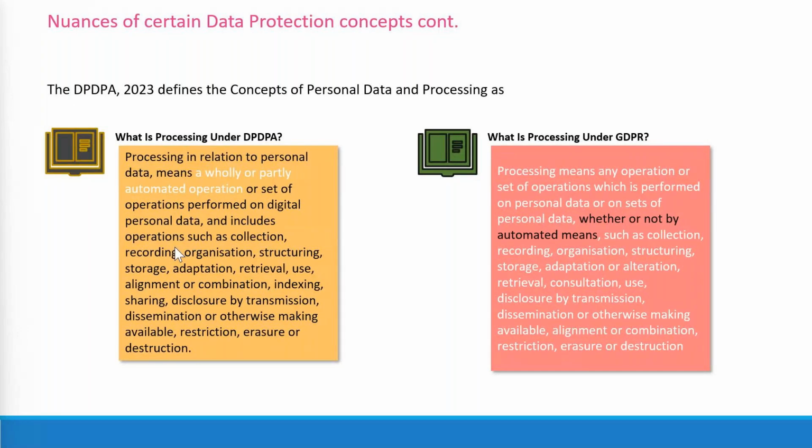Let me give you an important inference here. Completely automated decision making means you use a system for an end-to-end decision. The system collects the data, or the data is fed into the system, and the system gives an output which directly has an impact on individuals.